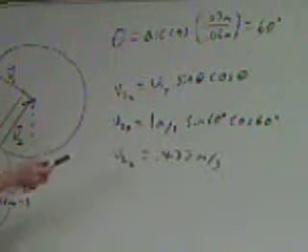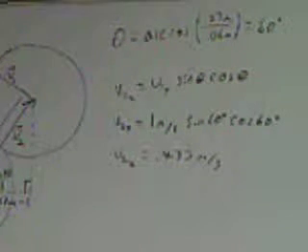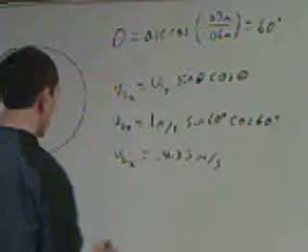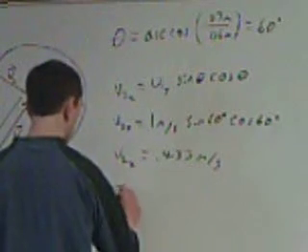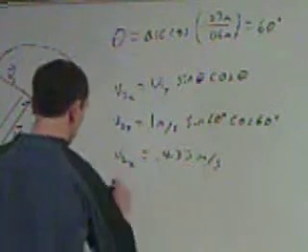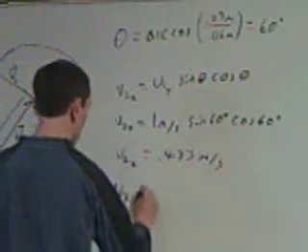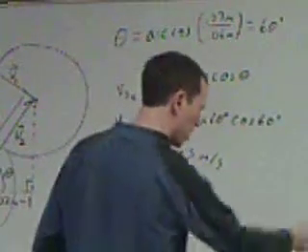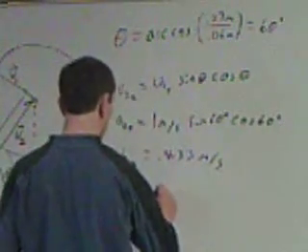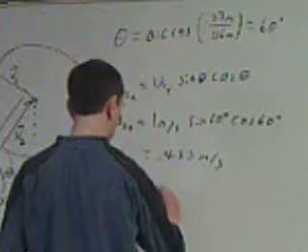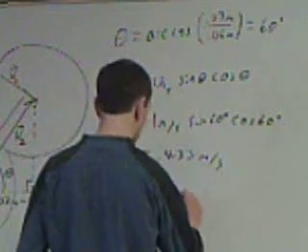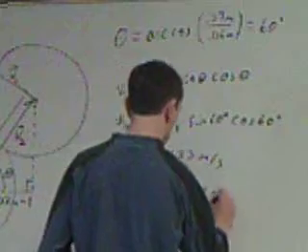The direction of v2 sub x is positive, and that all makes sense. Now we need to know v2 sub y. So v2 sub y is going to equal my u1 sub y times sine squared theta.